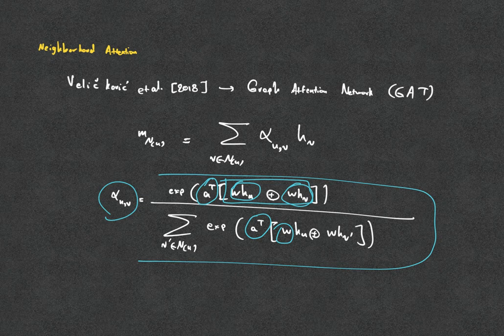That shows how good enough they are. So in order to fuse their relationships, in order to propose a measure of similarity, you concatenate the projected features, and you do the inner product with a.